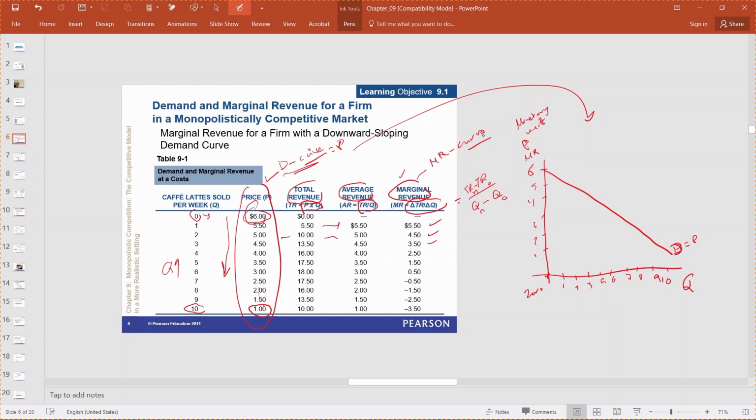And if we want to draw the marginal revenue curve, you will note that at each quantity level, the price is going to be higher than the marginal revenue. So, for example, at quantity 3, the price is 4.5, and marginal revenue is lower. It's here, 3.5.